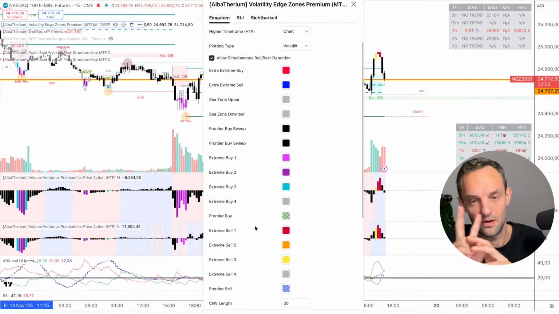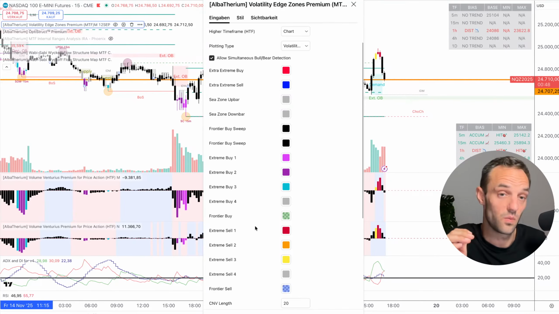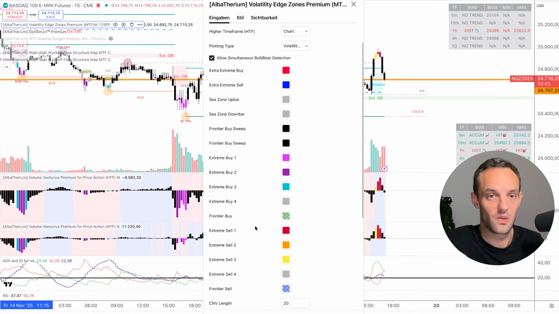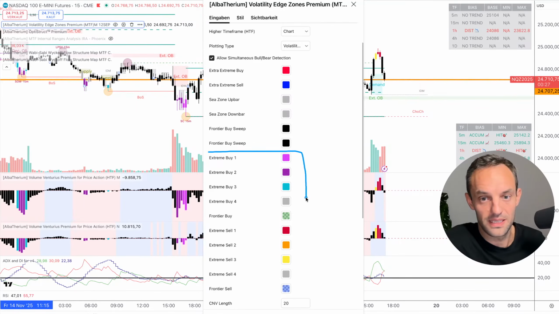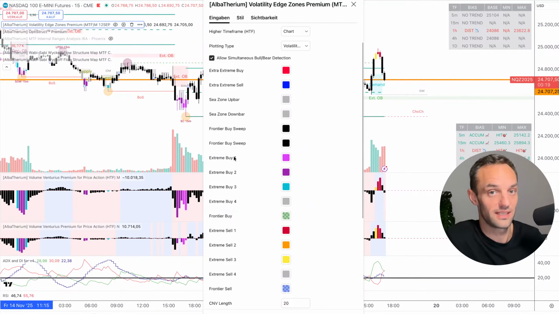But always there are, in the auction market theory, two sides of the medal. There are the market participants who are moving and pushing the prices with market orders, and on the other side there are the limit orders which are liquidating their positions. Liquidating their positions means, for example, getting out. So if we see these colors, these are the bearish colors, which is here extreme buy.